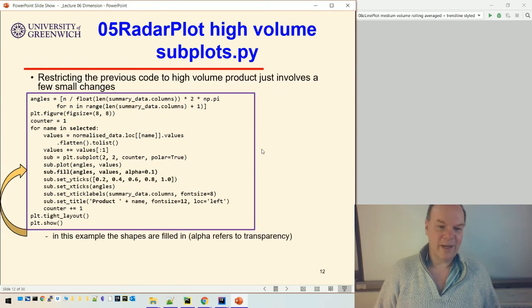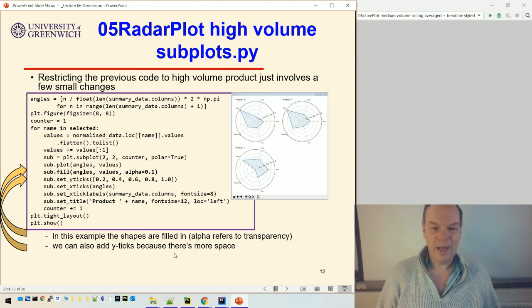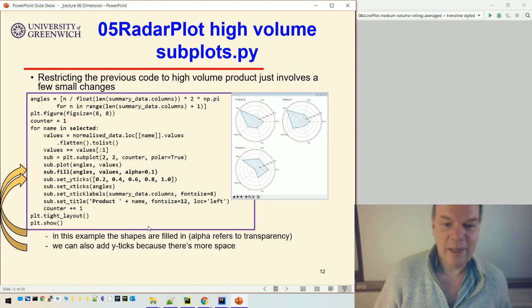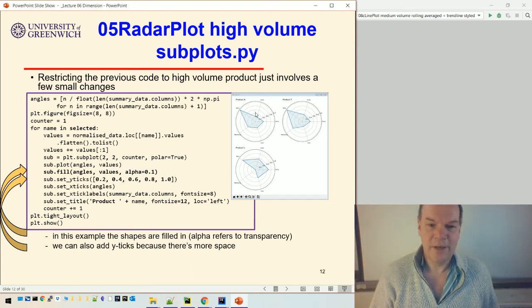But on this one, I can put them on because I've got a bit more space, so I can set the tick marks accordingly. And that's what I get when I compare just the high volume products. So product A, F, and L. You can see that although A and F are selling more, their sales are much higher than L. Actually, because L's profit is so much higher, that pushes the shape much bigger above the axis.